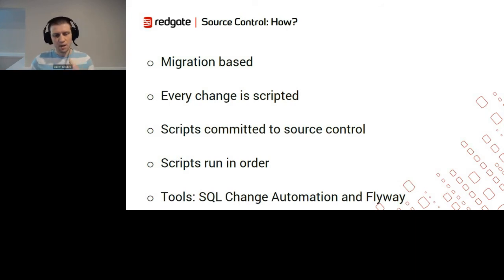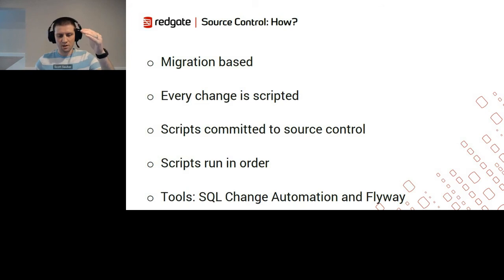And I prefer a migration-based approach. It gives you a little bit more control. What a migration-based approach is, is every change that you make to your database is scripted, and then those scripts are committed to source control. And those scripts are then run in a very particular order. So those scripts may be named like V1, V2, V3.